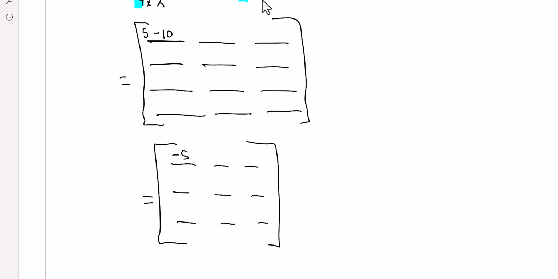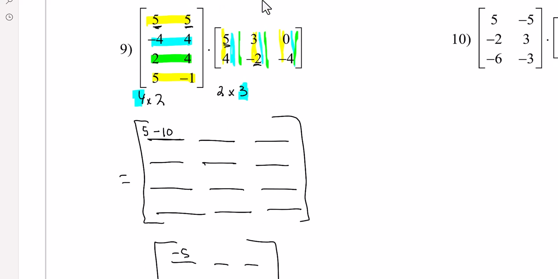So that will be negative 5. All right, then we have 5 times 3, 15, plus 5 times negative 2. I caught the error. This first one should have been 5 times 4. That should have been positive 20.